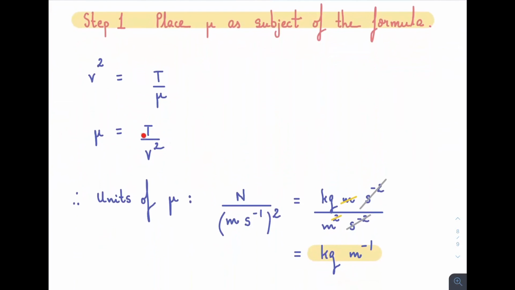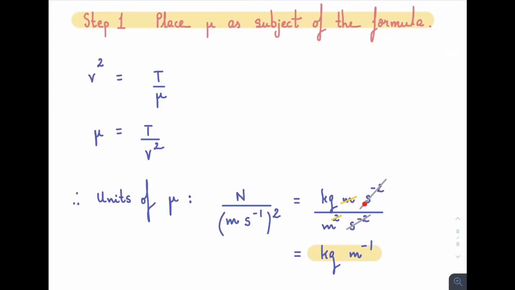So tension, which is in newtons, velocity squared, which is meter per second, all squared. So we convert the Newton into base units, mass times acceleration, remember, so kilograms times meter per second squared. And in the denominator, we square this, so we get meter squared, second minus 2.